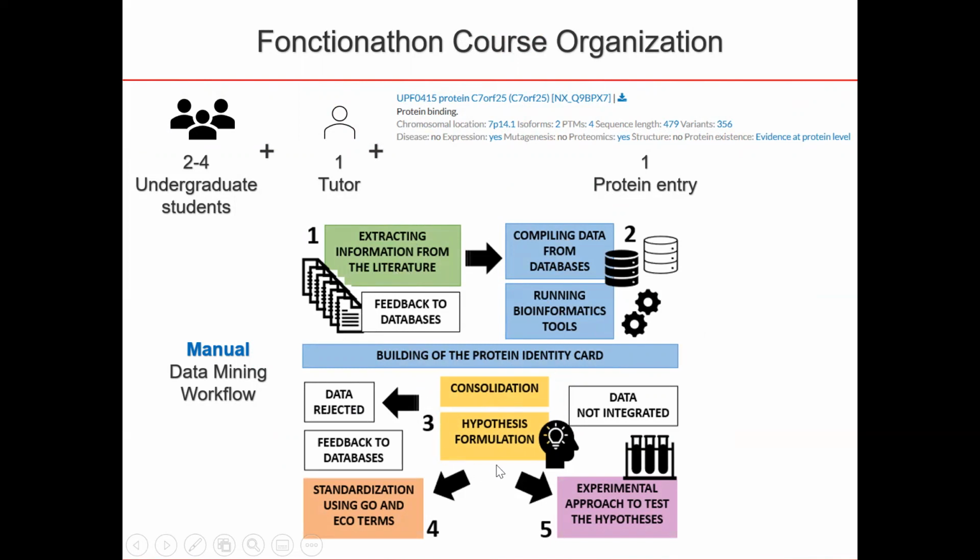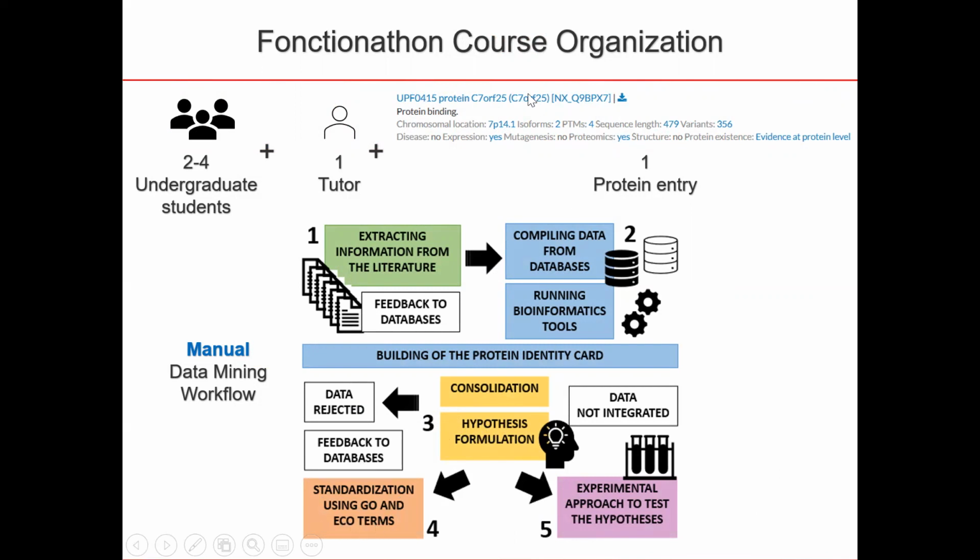And this enables them to formulate the hypothesis as to what the function of the protein could be. And they also propose experiments to test these hypotheses. And the tutors then standardize these hypotheses using Gene Ontology and evidence code terms.